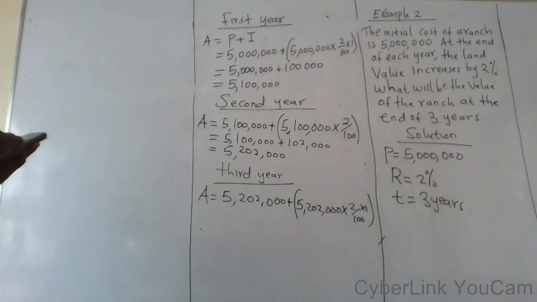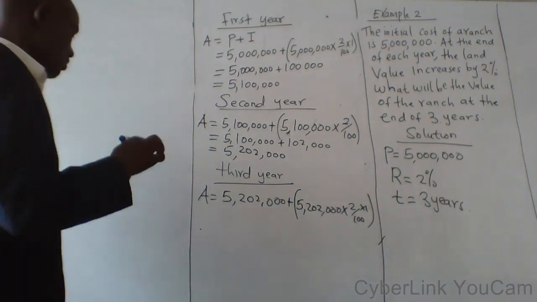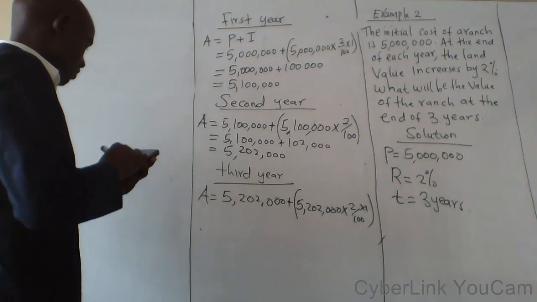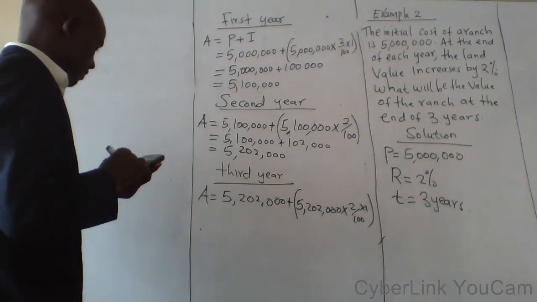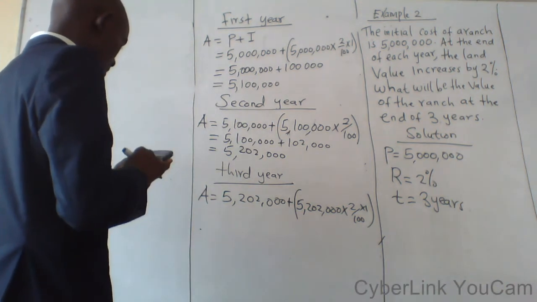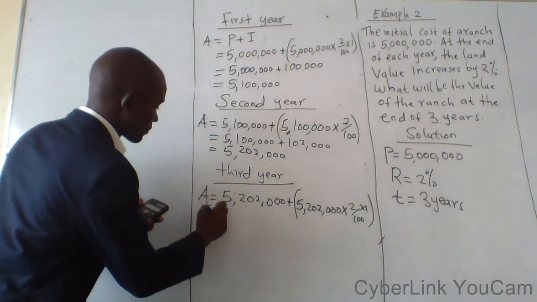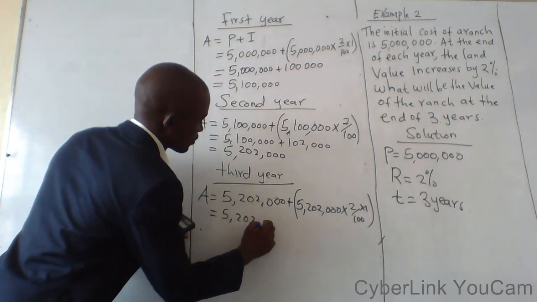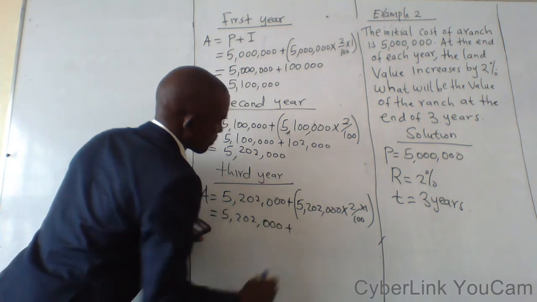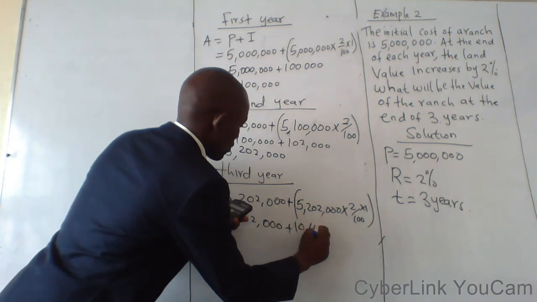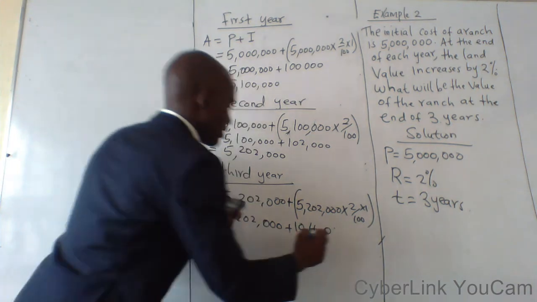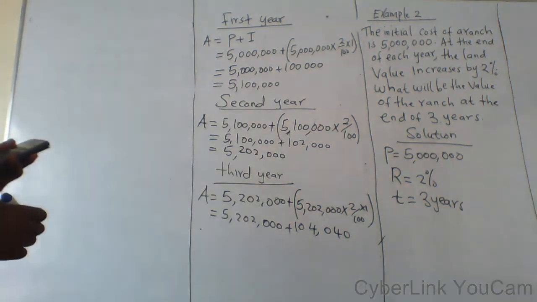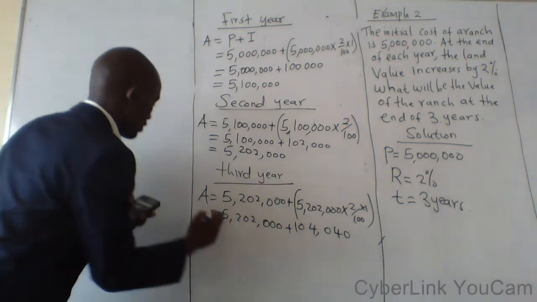So if you take 2% of this value, 5,202,000 times 2%, you will get 5,202,000 plus 104,040.